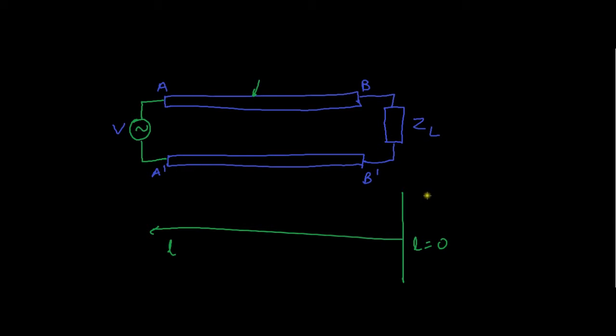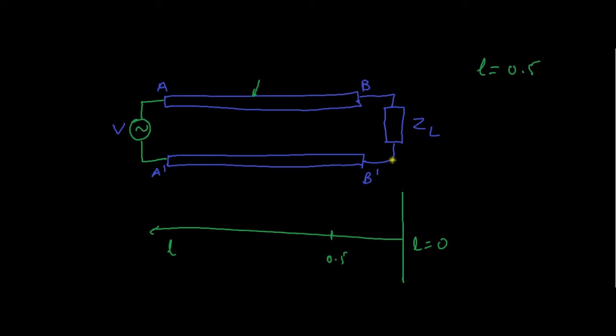At the load end of the transmission line, L will be equal to 0. If you want to measure, say, the impedance at L equal to 0.5, it means we are interested in finding the impedance 0.5 meter from the load end, that is from here.